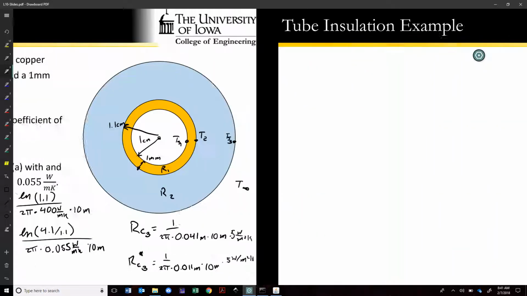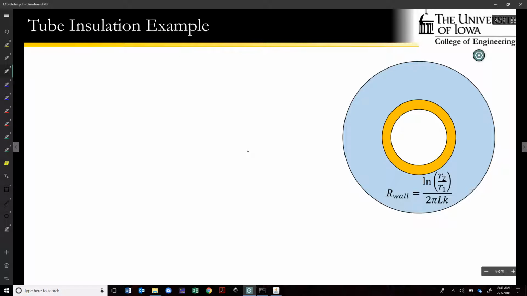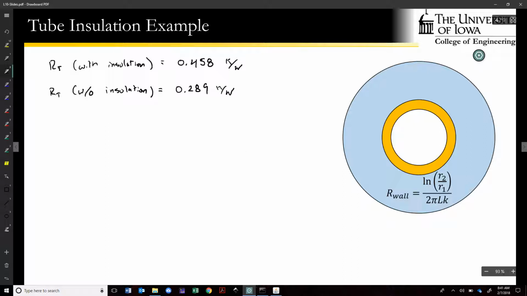So for RT with insulation, I'll go ahead and restate this, is equal to 0.458 Kelvin per watt, and RT without insulation is equal to 0.289 Kelvin per watt.